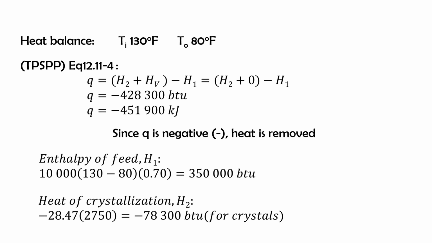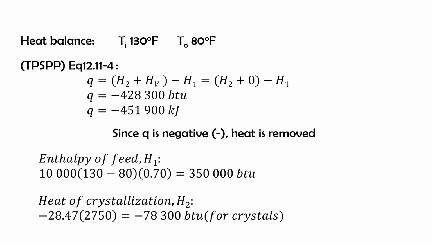So now we'll have to compute for the heat. So heat Q is equal to H sub 2 plus H sub V minus H sub 1. In this problem, the H sub V, which is also the enthalpy of water, will be equal to 0. So this leads us to Q equals H sub 2 minus H sub 1.